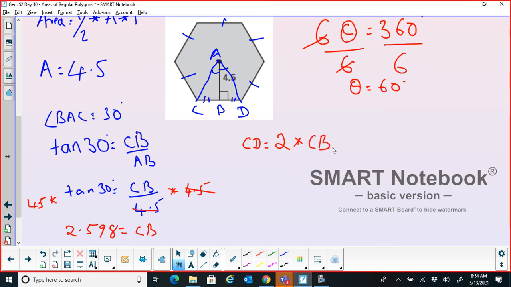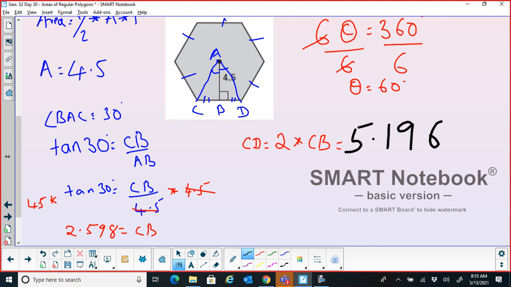So multiply 2 times 2.598, which will give us 5.196. Now I have the value of CD.